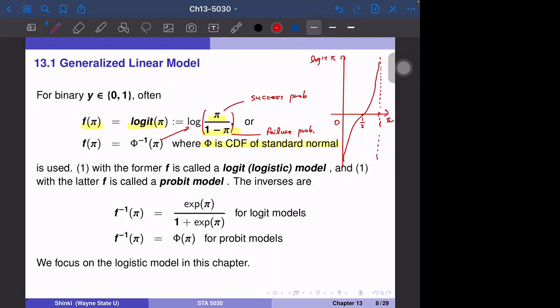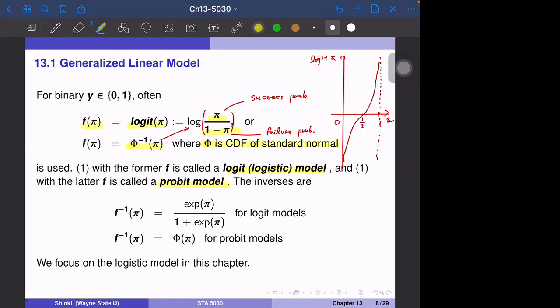The first one, where f of pi is logit of pi, is called the logit model or logistic model, or logit regression model or logistic regression model. If f is phi inverse of pi, the inverse CDF of the standard normal, it's called the probit model. Both have inverse functions because they are monotone increasing functions on 0, 1.